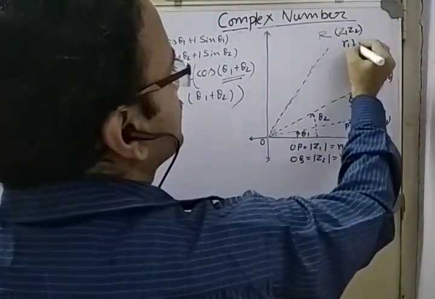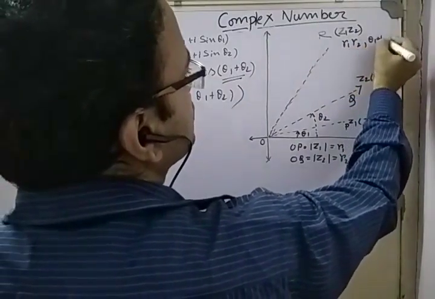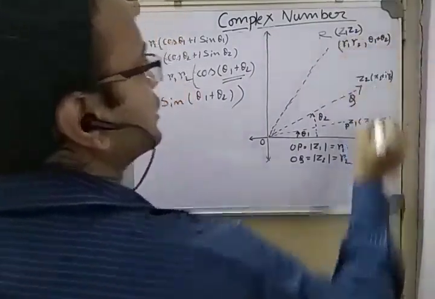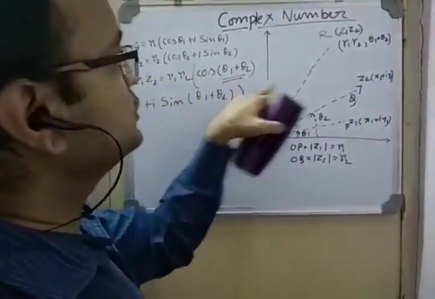In the polar form we can represent the point like R comma theta, so its coordinate can be written in this way too, with that R value and theta value.